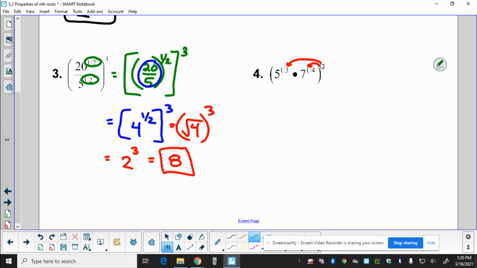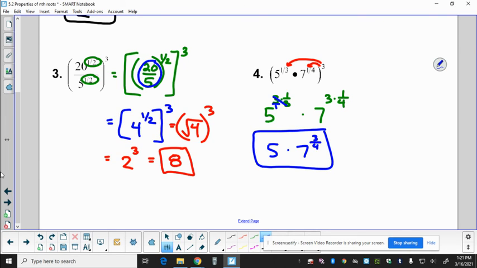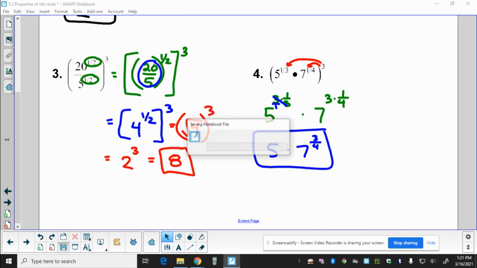So this will be 5 to the 3 times 1/3 times 7 to the 3 times 1/4, which will be like 3 over 1. Those cancel. All right, this will be 5 times 7 to the 3/4. Can't do anything else with that as far as you can go.